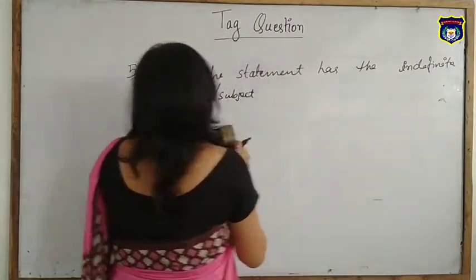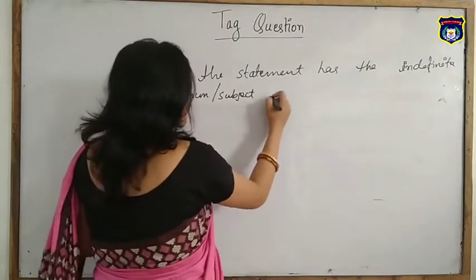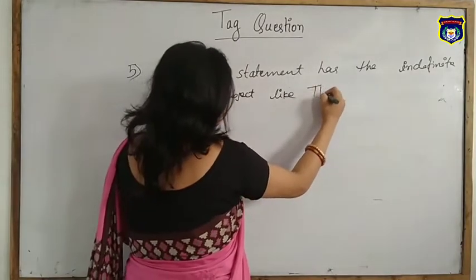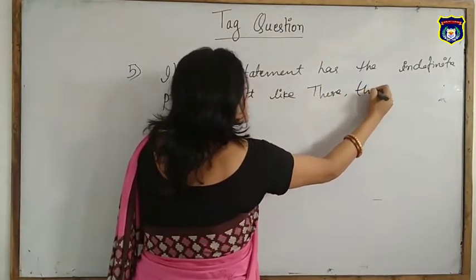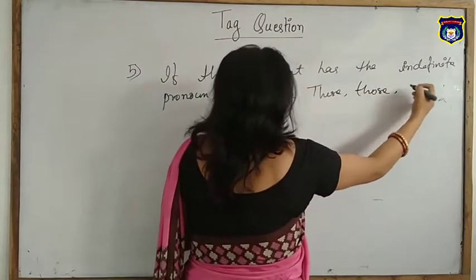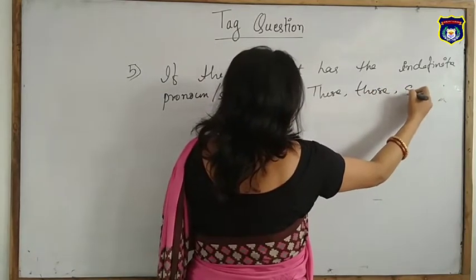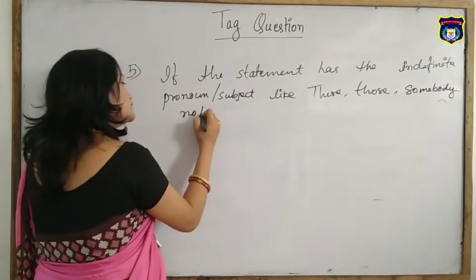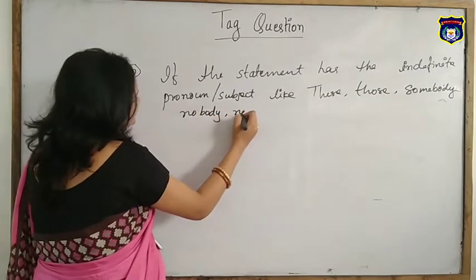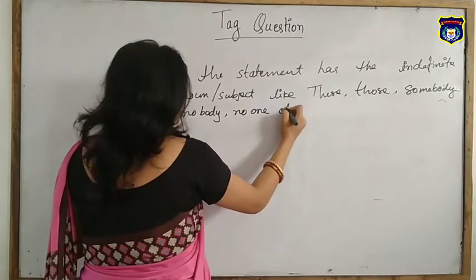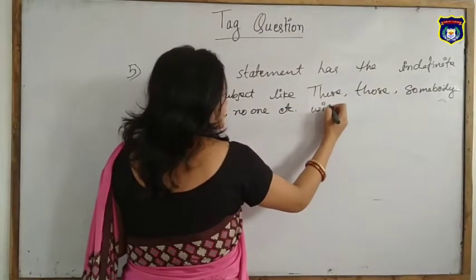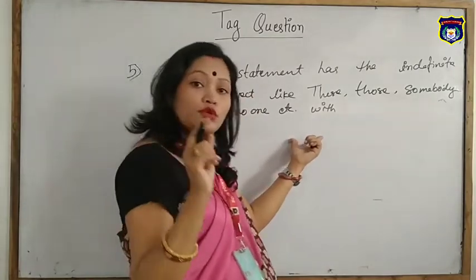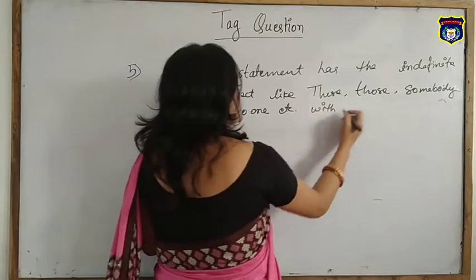If the statement has the indefinite pronoun or a subject like these, those, and somebody, nobody, no one, etc. In the previous rule we read about singular verb, but here it must be plural verb with plural subject.